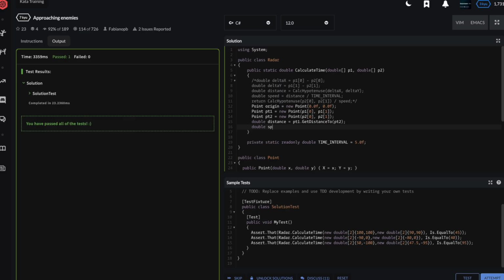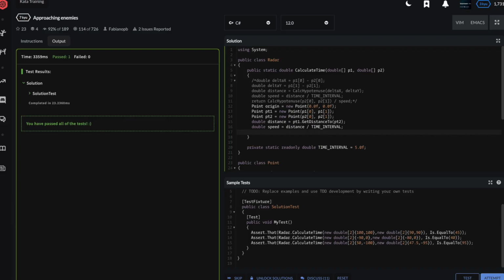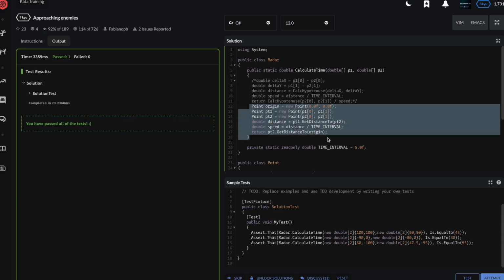Then we can get our speed as the distance divided by time interval, nothing different there. And then finally, we can say return point2.getDistanceTo, again with the origin, right? I think this is a lot more clear about what we're doing. If you come in and look at this code I just wrote, I think it's more pleasant to look at.